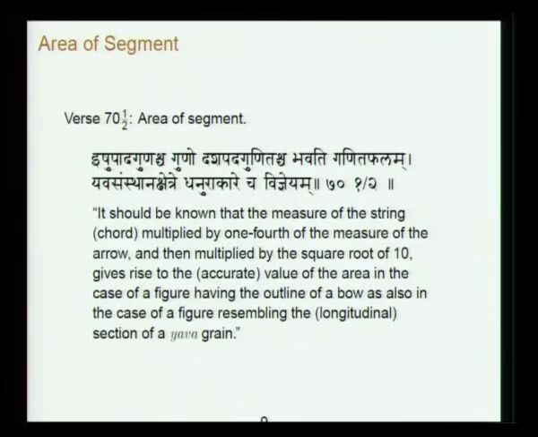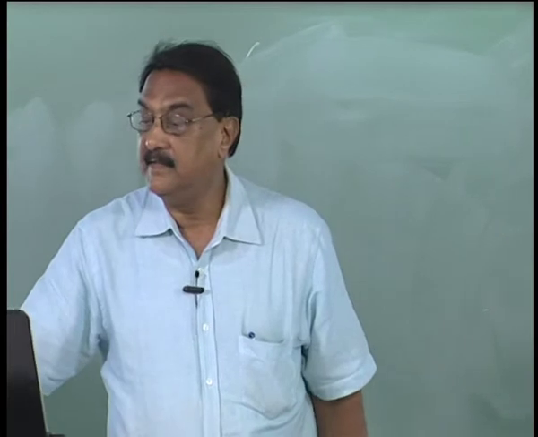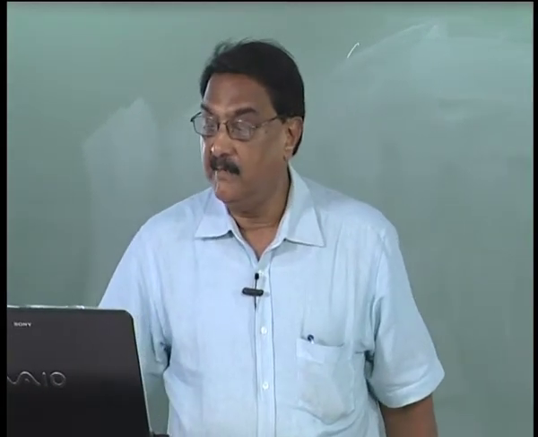Then in that case he says Ishtapada gunascha guno dashapada gunitascha bhavati ganita phalam yavas samsthana kshetre dhanurakare cha vigneyam. Dhanurakara is essentially the figure of a bow.